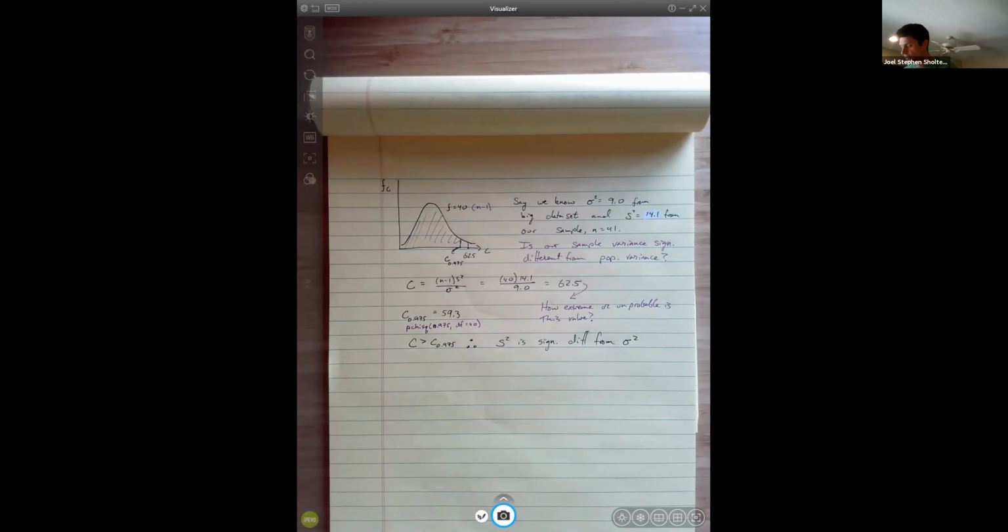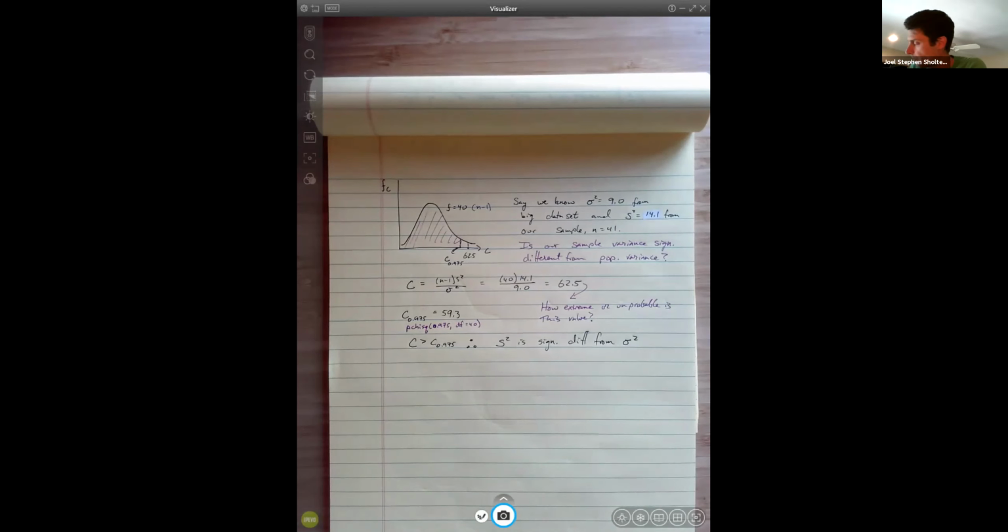And just to throw some numbers out there, say we know that there's some manufacturing process that produces a certain kind of steel beam, and we're going to measure the number of fractures in the steel beam. The population variance overall from this process, based on years and years of data, is 9.